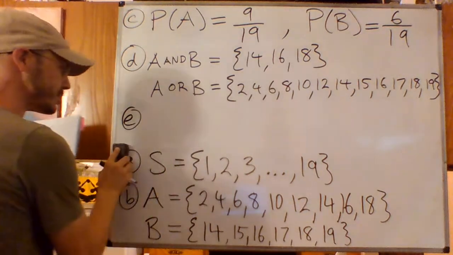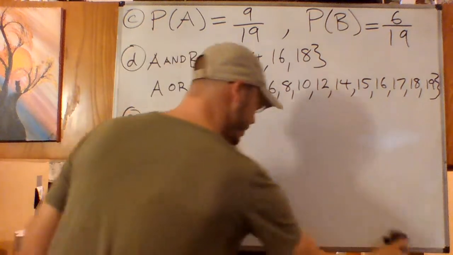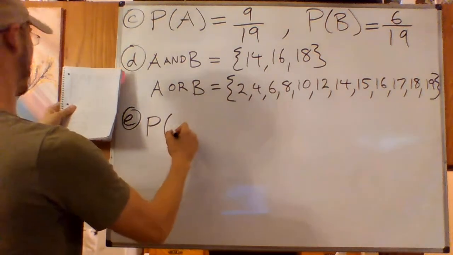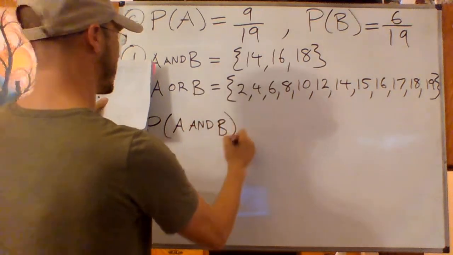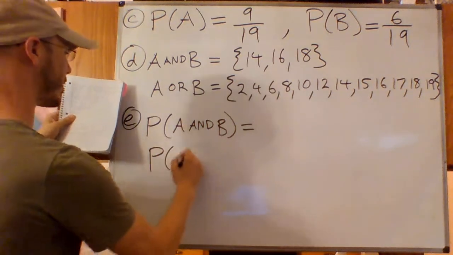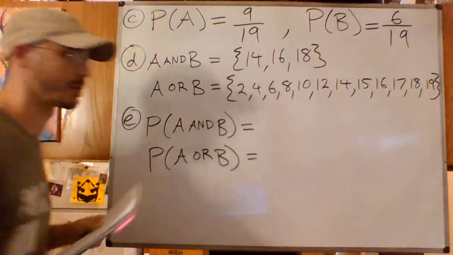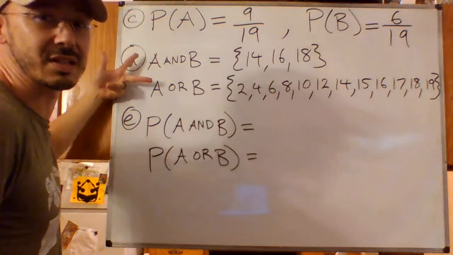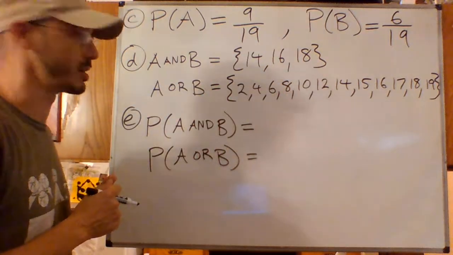Part E has the probability of A and B and the probability of A or B. And we've got the sets listed, we've got the events listed here. We can just count and divide.